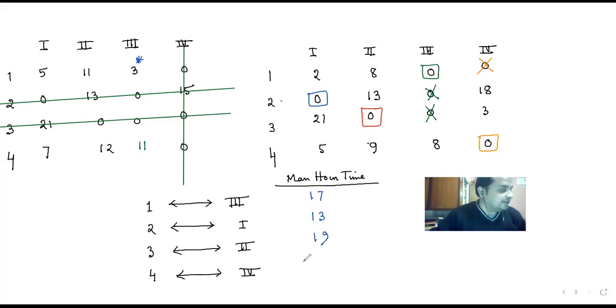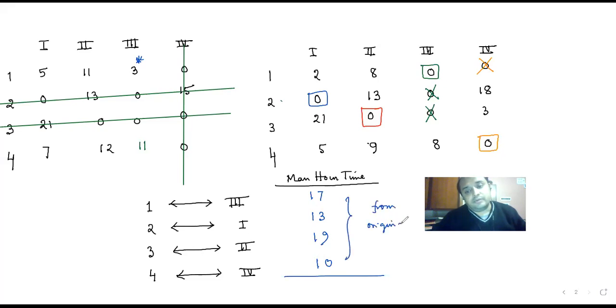And for subordinate 4, the man hour time is 10 from the original table. And the total man hour time is 59. So the total minimum time is 59 man hours.